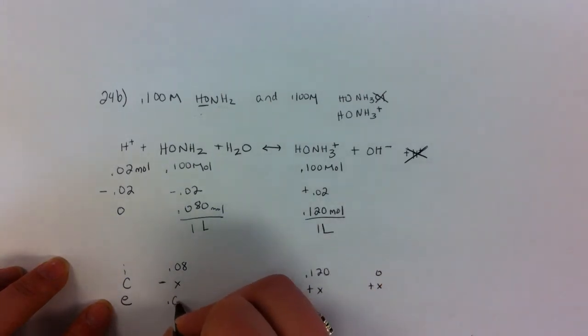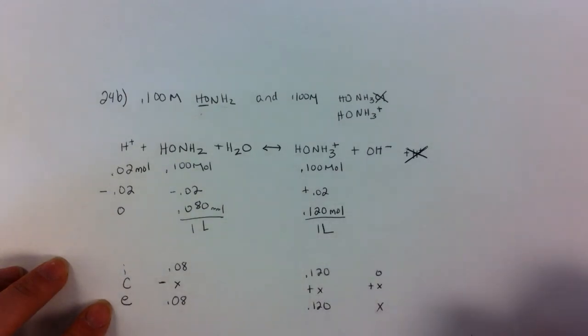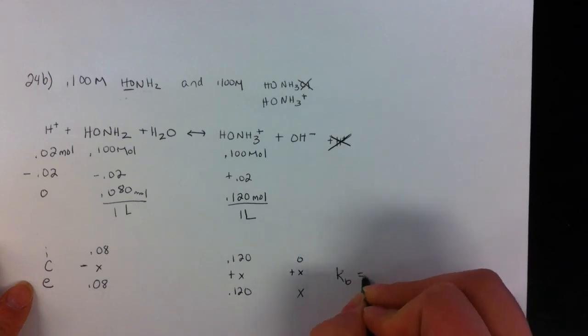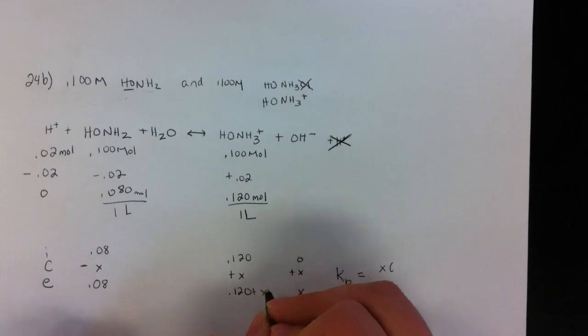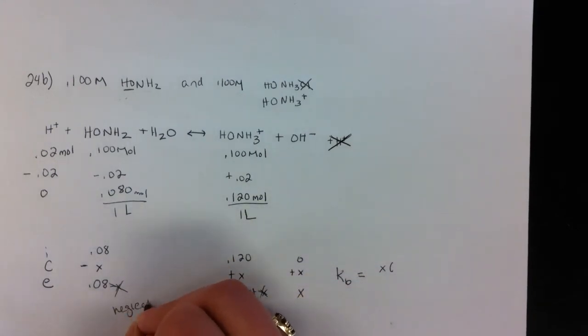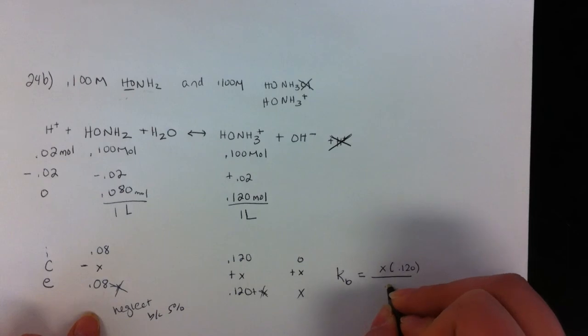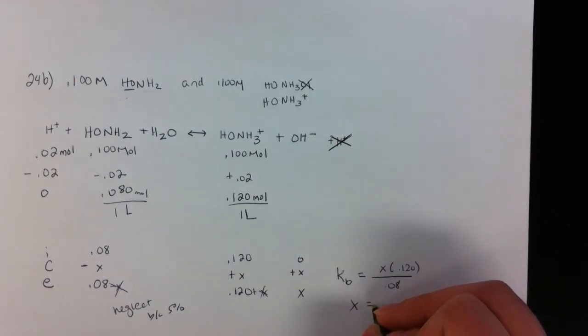Okay, and that gives me 0.08, 0.120, and x. And then from there I would need to use the Kb because I have the base, x times, and then we neglect because 5%. X times 0.120 over 0.08, and we solve for x.